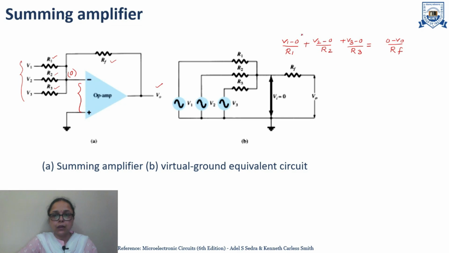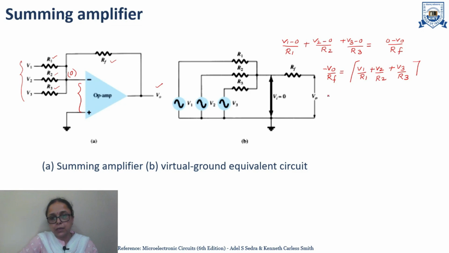Now, if we solve this, we get minus VO by RF equal to V1 by R1 plus V2 by R2 plus V3 by R3.